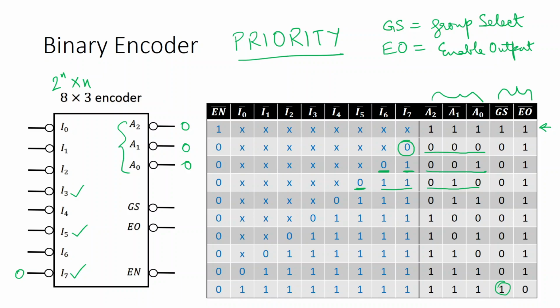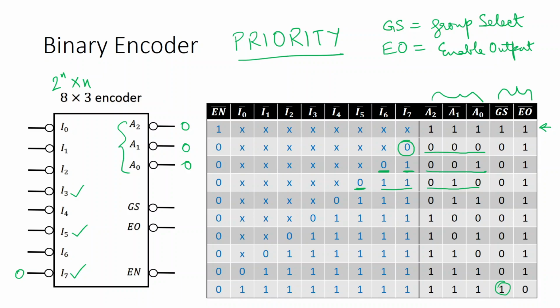Suppose this is a lower encoder and there is a higher encoder, meaning I8 to I15 is encoded there, and if we have a signal coming here, the GS signal will get activated, and in the other encoder also there can be another input.